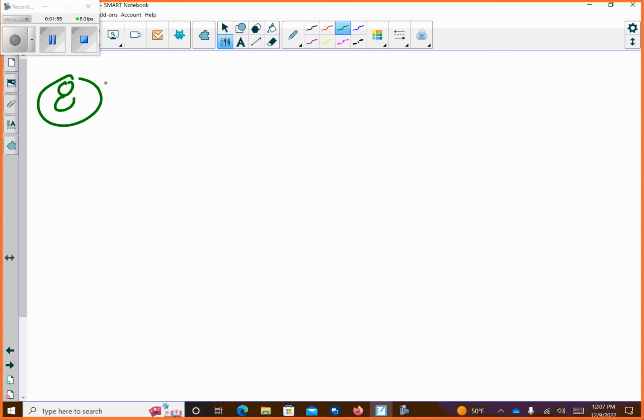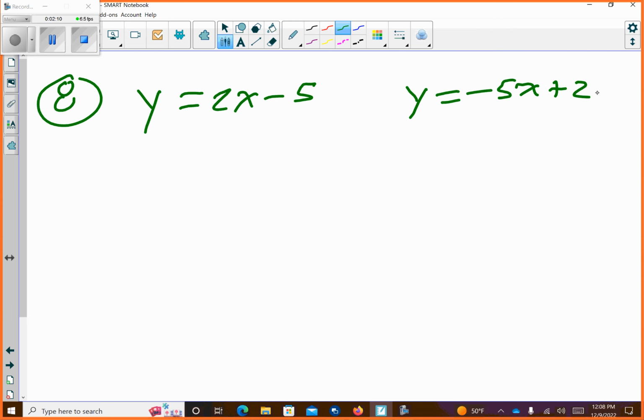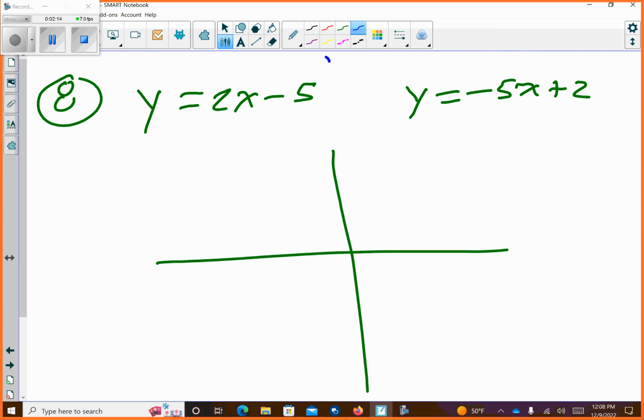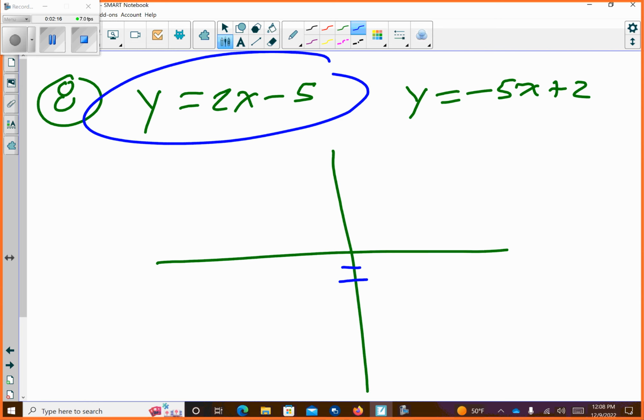Number 8. I'm going to rewrite the second one to be this. You see what I did? I just flipped it over. Does that make sense? All right, let's do blue. 1, 2, 3, 4, 5. Up 2, right 1.